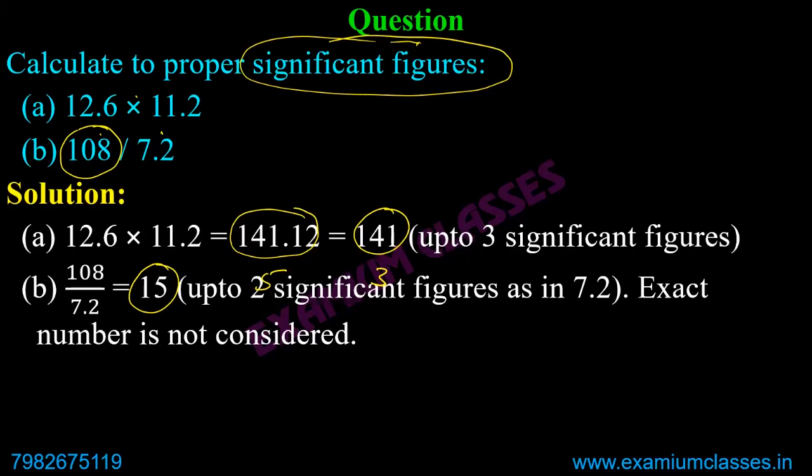So in the answer, there will be only two. So 15 will be the correct answer. 15 has two significant figures.